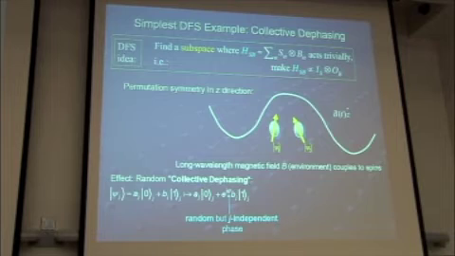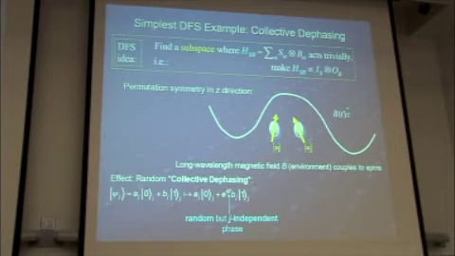Okay, so here's an example, just to illustrate what's going on. The simplest non-trivial example, called collective dephasing. So let's say that we have two qubits, and they're in some states, psi 1 and psi 2. And let's imagine these are spins, and let's say there's a magnetic field which has a long wavelength.